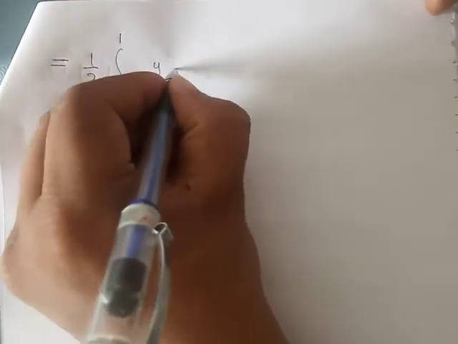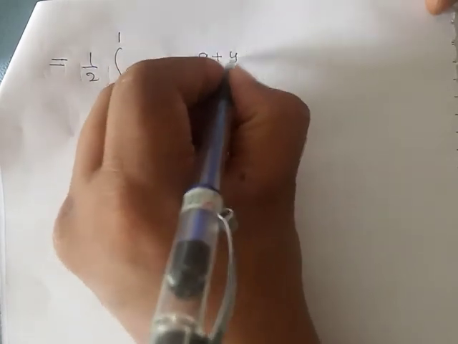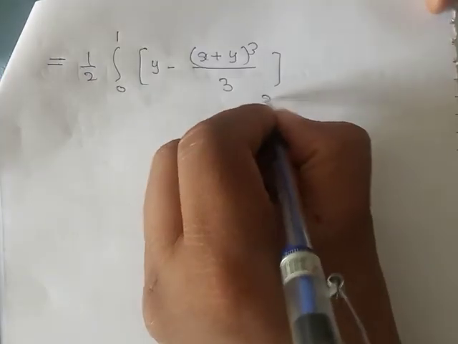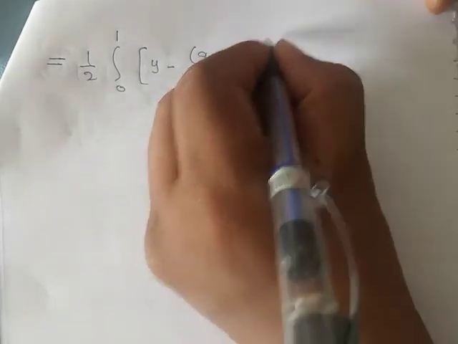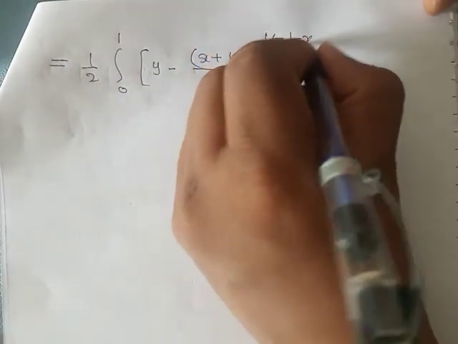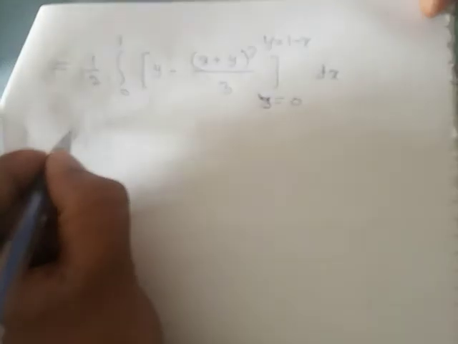This is equal to 1 by 2 integration 0 to 1 of y minus (x plus y) bracket cube divided by 3, and limits of the integration from y equal to 0 to y equal to 1 minus x dx.